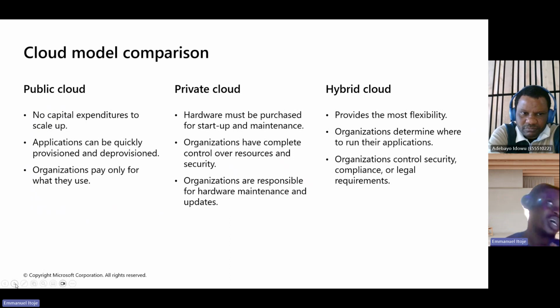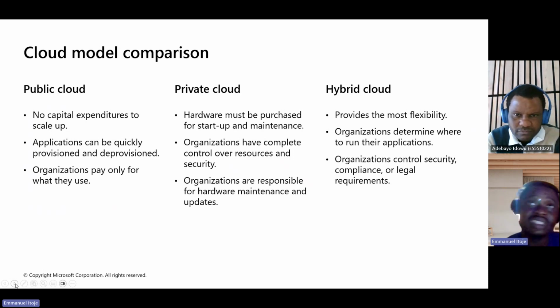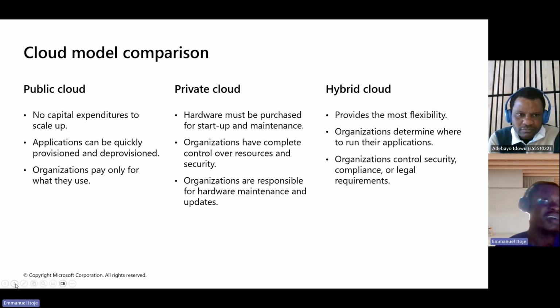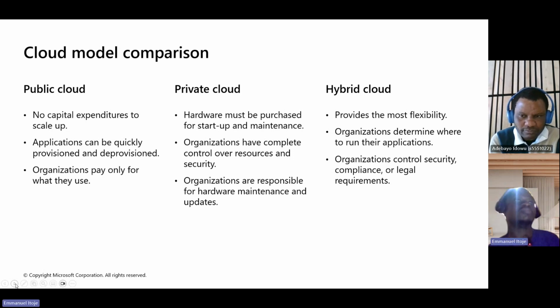You're not saying, I need to first of all get a building to use as my data center, I need to ensure that there's constant 24 hours light, I need to ensure that there's a cooling system, and I need to buy different server racks, servers, routers, networking devices. That is not required for public cloud, because Microsoft, Amazon, DigitalOcean have done that for you already. They've already set up the data center. They've done everything for you. So there's no capital expenditure to scale up at all.